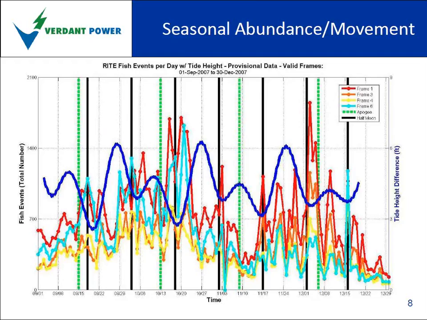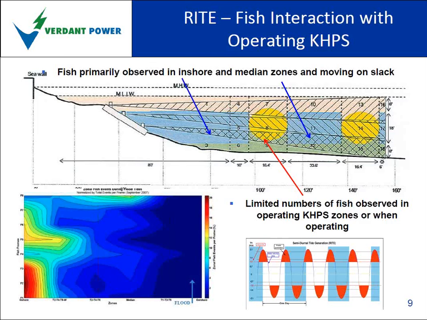The blue track is read to the right, and that's the tidal height difference. And almost exclusively, if you study this a little bit, you find that fish are moving when the tidal difference is low, when the waters are slower. And that's where you're seeing the abundance. It just makes sense, but it's really nice to be able to see it graphically. Next slide, please. So this was one of the key elements.